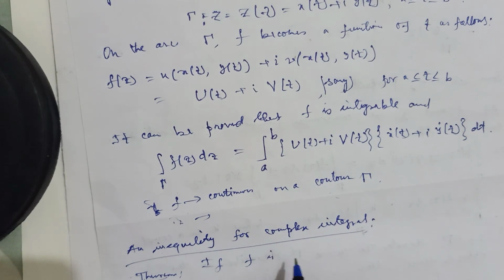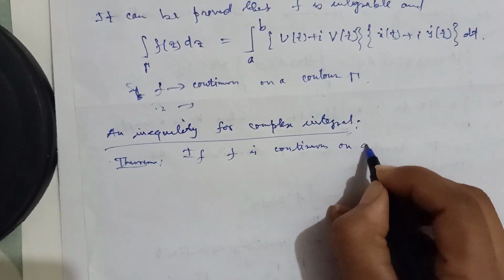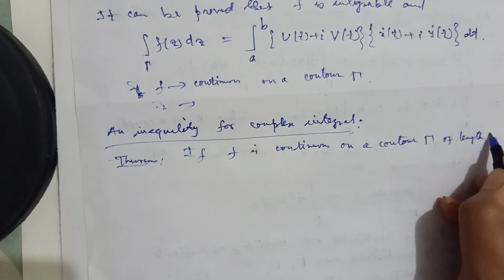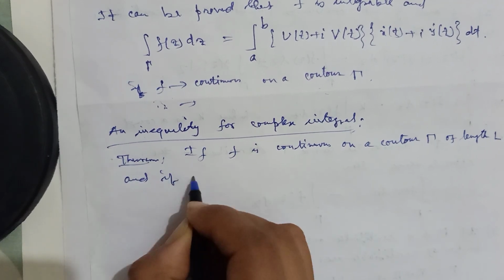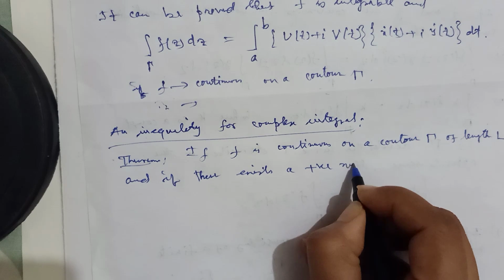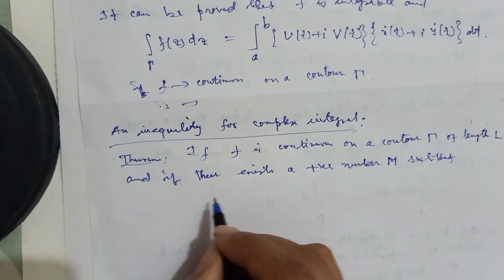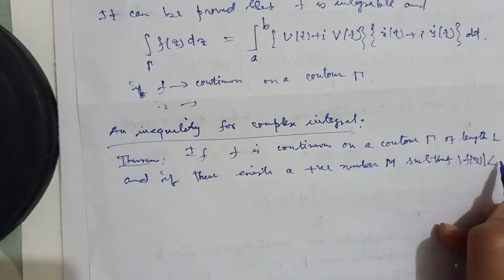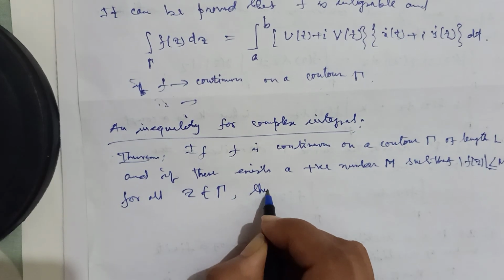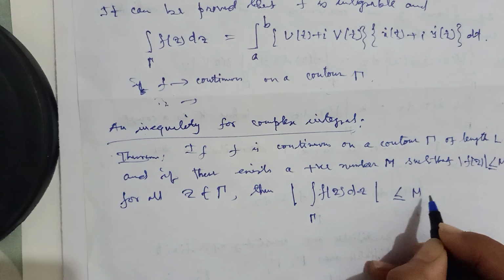If f is continuous on a contour gamma of length L, and if there exists a positive number M such that mod of f(z) is less than or equal to M for all z belonging to gamma, then mod of the integration over gamma f(z) dz is less than or equal to ML.